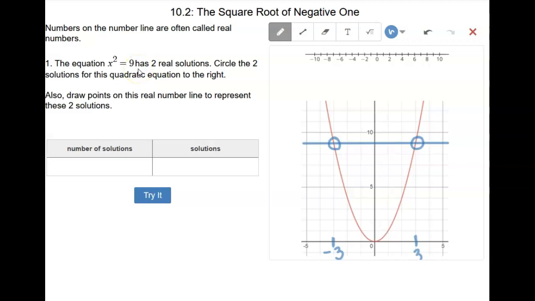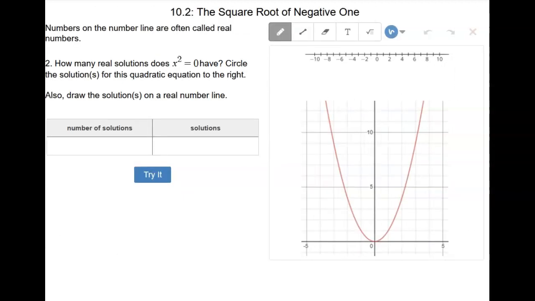Okay, so the two solutions for this one would be at +3 and -3. Okay? The next question is asking how many real solutions does x squared equals 0 have?